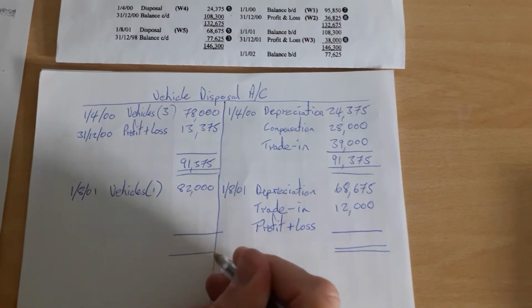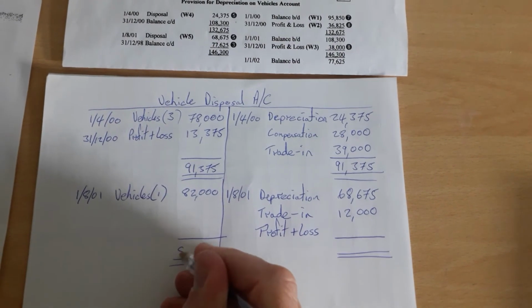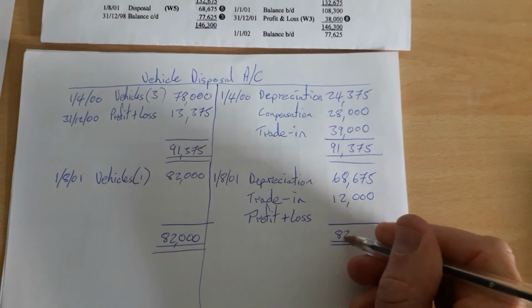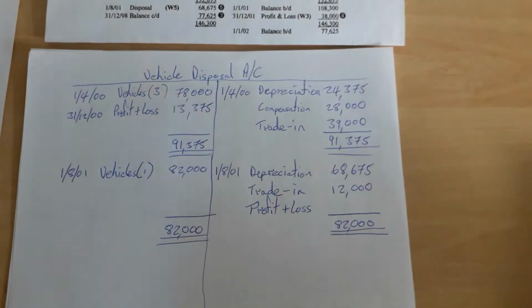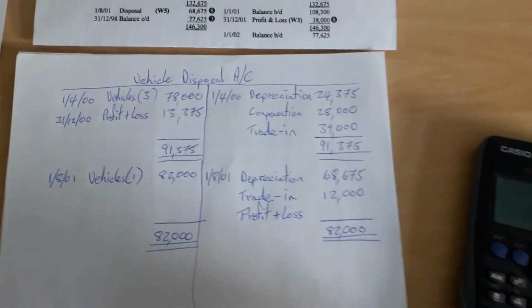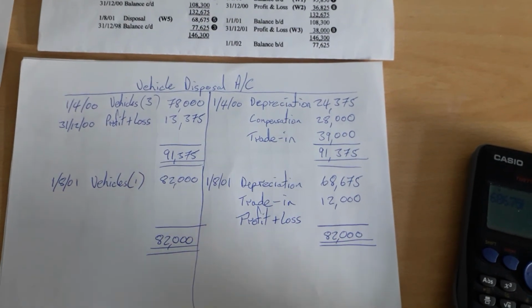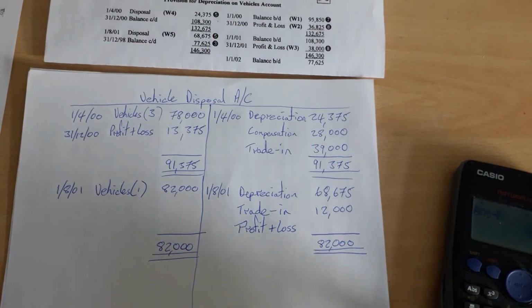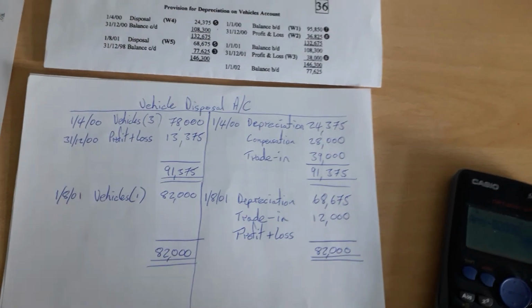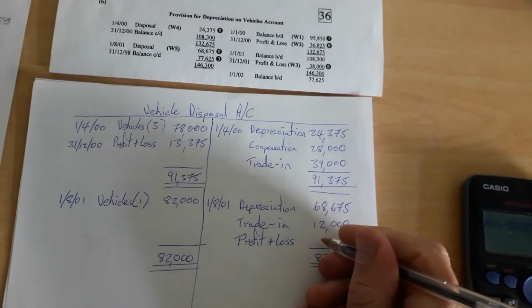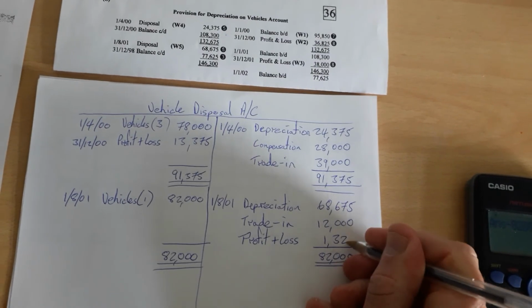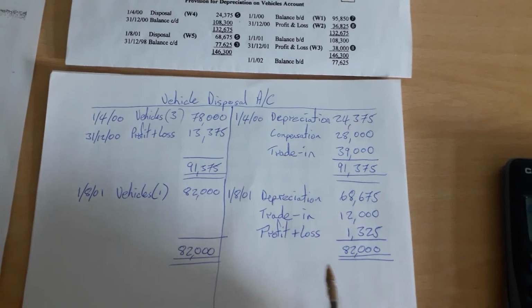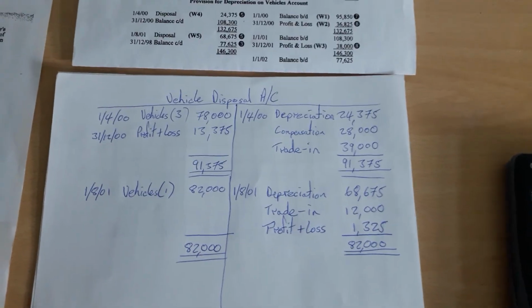So we know that the total on the bigger side here is 82,000, so the other side also has to have the same total. It's already got 68,675 plus 12,000, coming to 80,675, so take that away from 82,000, gives me 1,325. And although we say profit and loss, it represents a loss because it's on this side. And that's it for the vehicle disposal account.